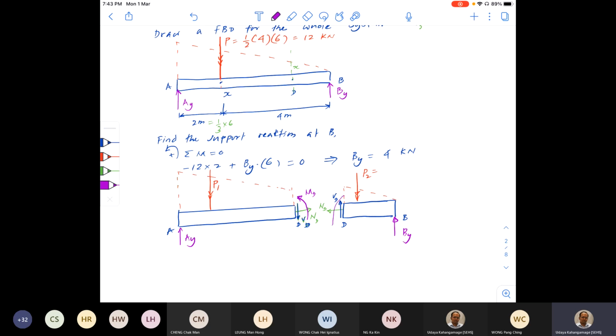So I just marked it like this. This is the moment MD, opposite direction. If you look at how I marked everything, you can see they are in opposite directions, so that once you put them together, they cancel off.